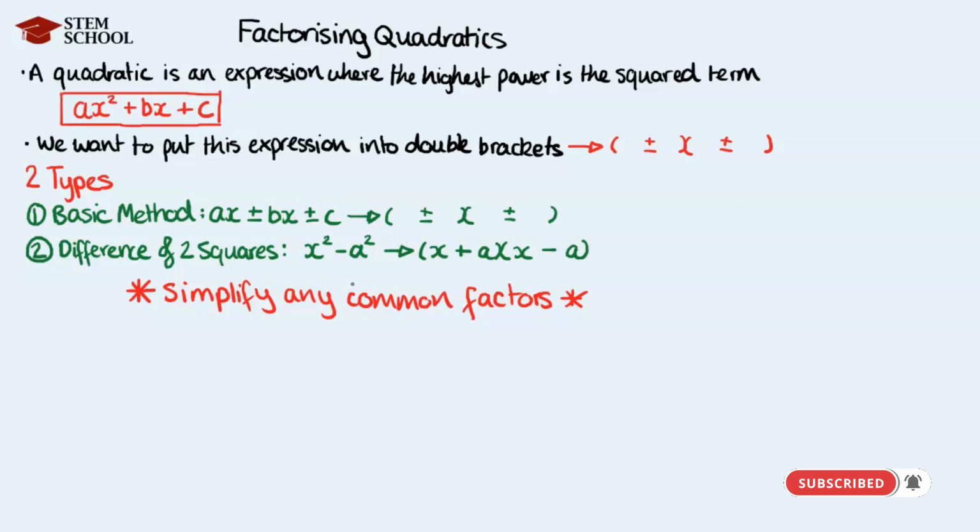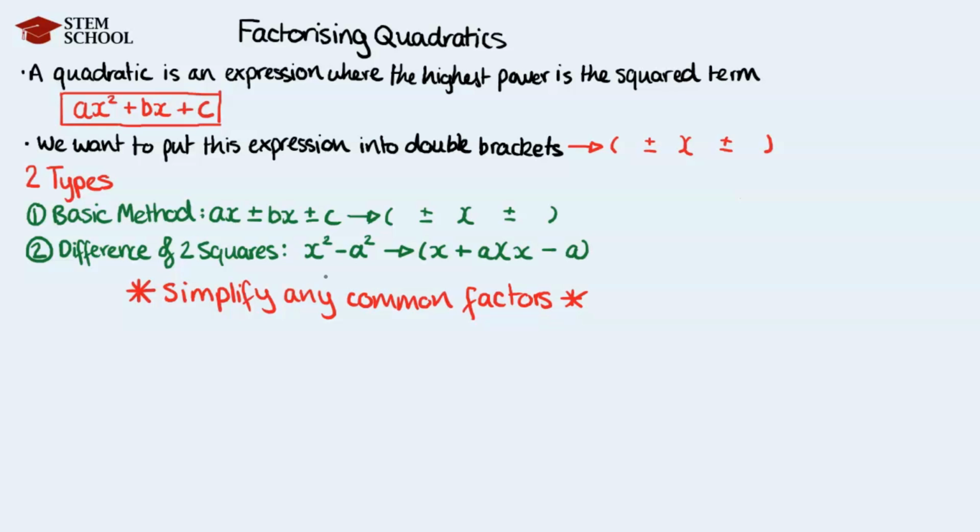This is one of those techniques that you'll have to use over and over again, especially when you're solving quadratic equations. Now, we're going to go over the different types of quadratics you could get, and I'll explain the two methods to work it out: the basic method, where you have the form x plus or minus b, x plus or minus c, and then the second type, which is the difference of two squares, which takes the form x squared minus a squared.